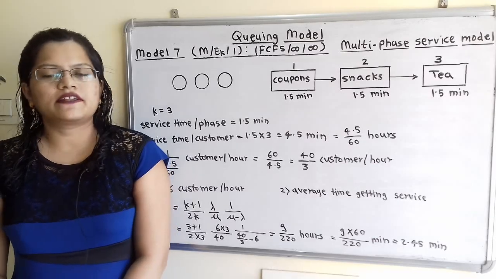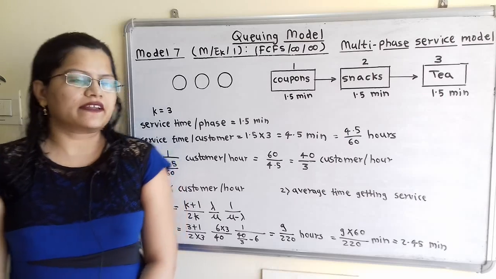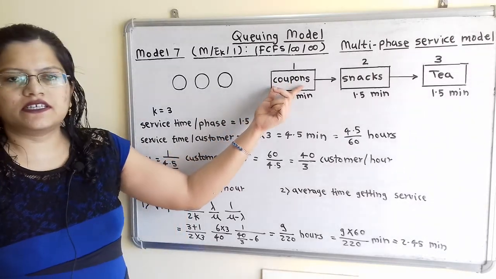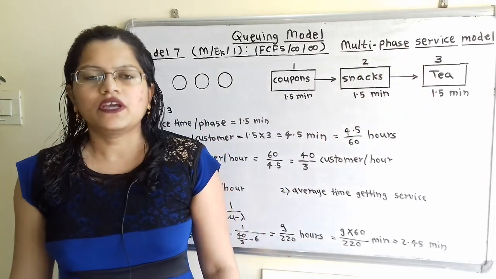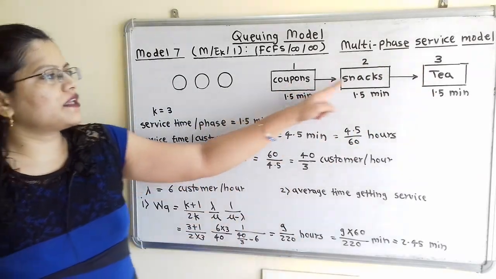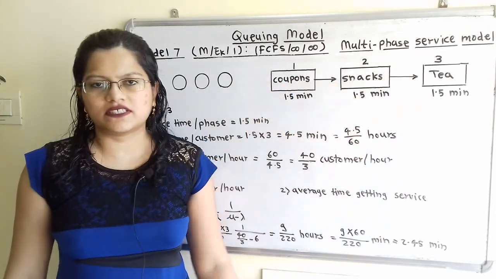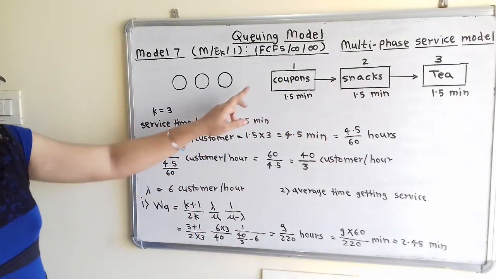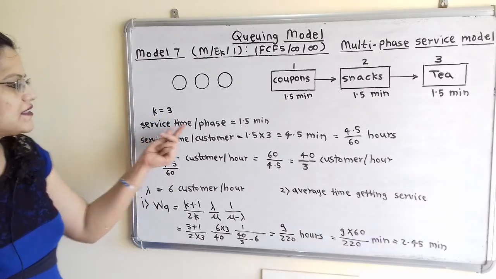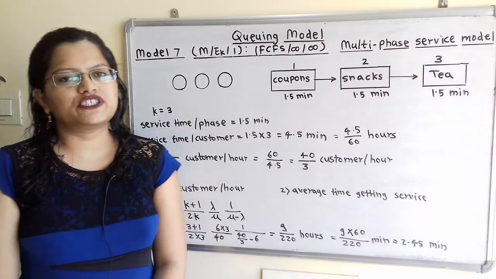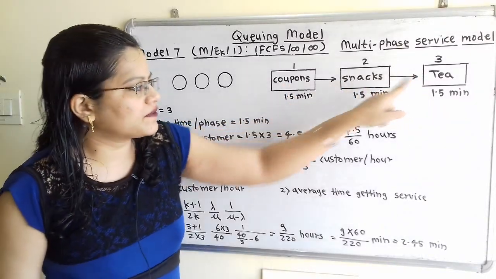Let us understand the given data with the help of a diagram. It is given that the first service facility is for coupons, second for snacks and third for tea. So there are a total of 3 service facilities arranged in series, so we can say that K is equal to 3. Then the service time per phase is also mentioned, 1.5 minutes, that is for each service facility.